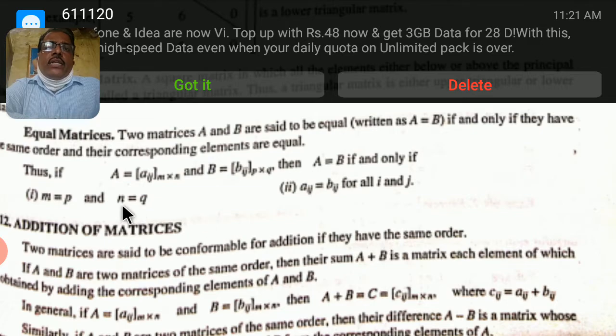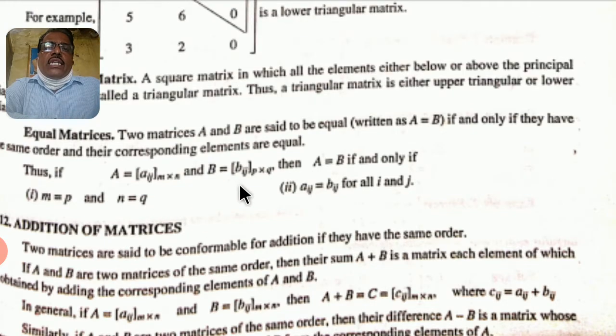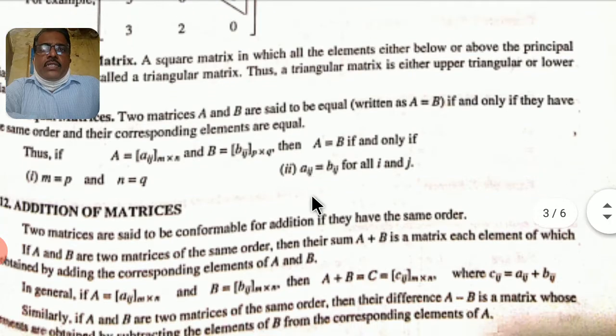So what does it mean? Suppose a matrix A is of order 2 cross 3, and suppose B is another matrix, also of order 2 cross 3, and B has the same elements as A. Okay, so both A and B have the same elements and the same order, then they are said to be equal.